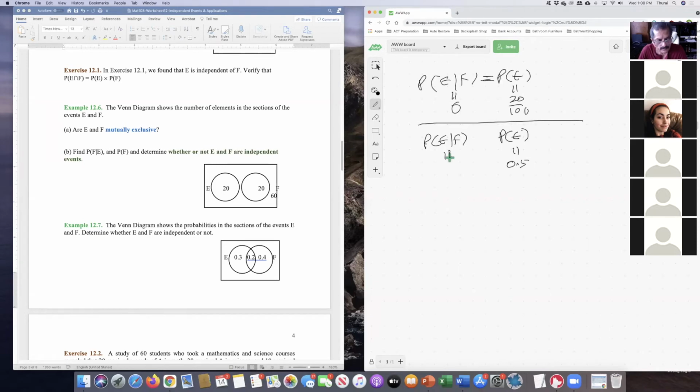F has occurred, so 0.2 over 0.6. Simplify that, and it's equal to 2 over 6, equal to 1 over 3. And 1 over 3 is 0.333, so that's not equal to 0.5. So they're not equal, therefore not independent. Not independent is the conclusion.